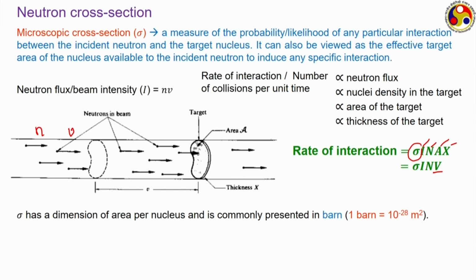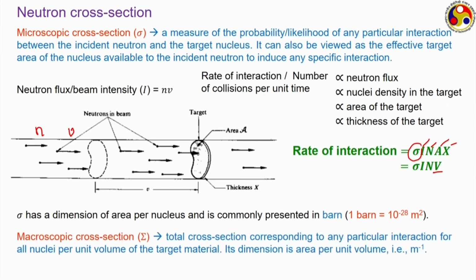So, quite often we have to go for multipliers of this one. There is another term called macroscopic cross section, which is actually the total cross section corresponding to any particular interaction for all nucleus present per unit volume of the target. So, macroscopic cross section, given by capital sigma, is the product of the microscopic cross section into the number of nucleus present per unit volume of the target, that is n into sigma.